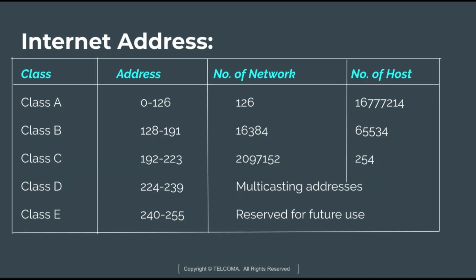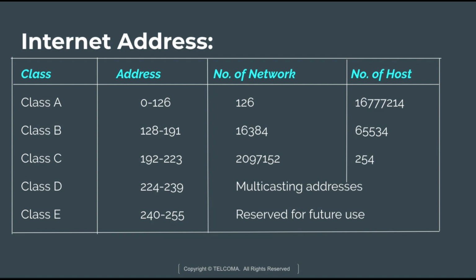Next we are going to discuss the different classes of IPv4 addresses. IPv4 addresses are divided into 5 classes: class A, class B, class C, class D and class E. In class A, the address ranges from 0 to 126, and the number of networks is equal to 126 and the number of hosts is around 1 billion.